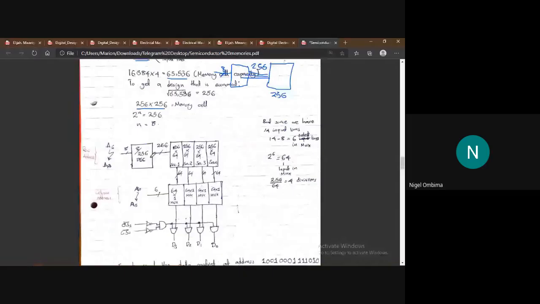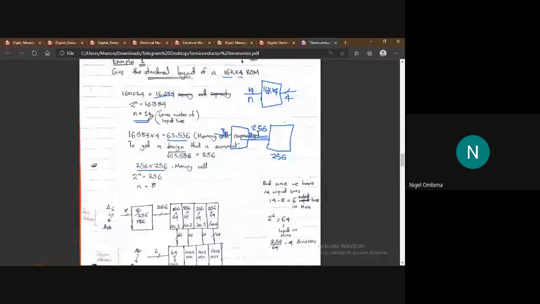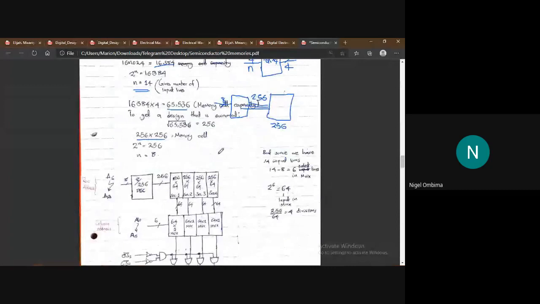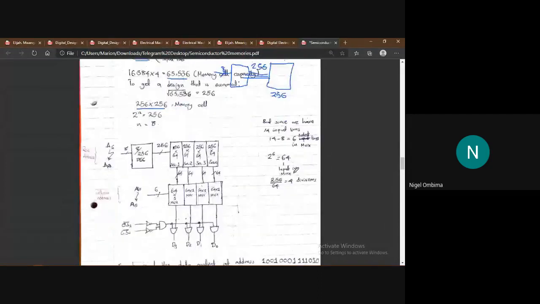So as we continue, since we have 14 input lines that we got from here, the total number of input lines in the cell, we can subtract 8 lines from the decoder, so that we remain with six other lines. The other 6 lines, remember we said that a multiplexer is used to select a column and a decoder is used to select the rows.